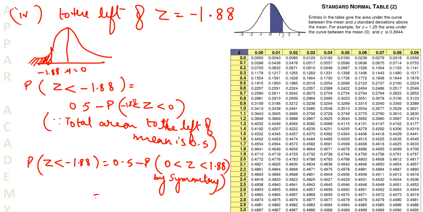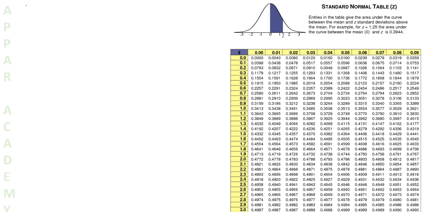So this is equal to 0.5 minus, now the probability that z lies between 0 and 1.88 from the table is 0.4699. What does this become? This becomes simply 0.0301, right? Okay.